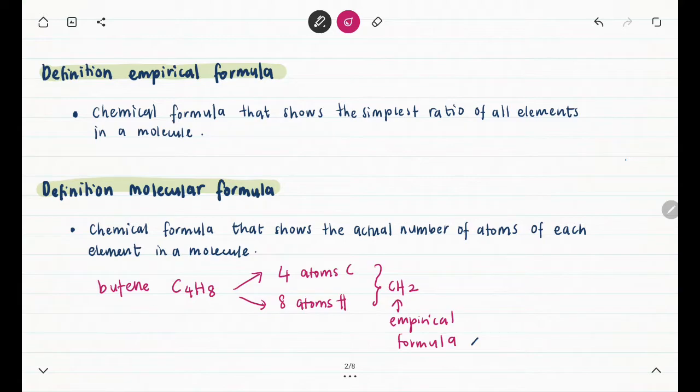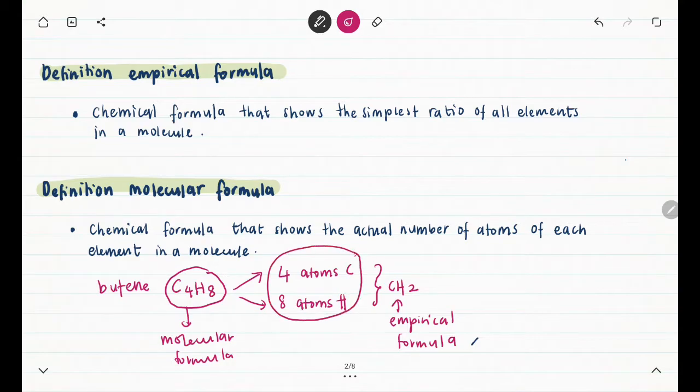C4H8 we call the molecular formula, because it shows the actual number of atoms of each element in the butene molecule: 4 carbon atoms and 8 hydrogen atoms.